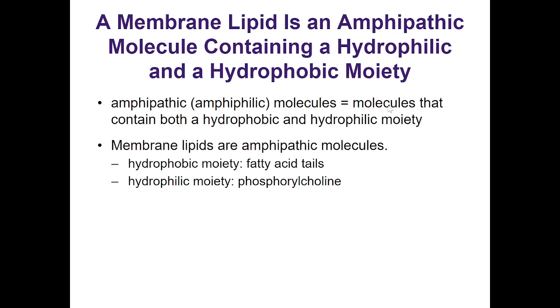So that stays together. So the hydrophobic moiety is the fatty acid tails. The hydrophilic moiety is the phosphorylcholine. You'll notice, by the way, a lot of these used in cell membranes actually have groups on the hydrophilic end that would make them more hydrophilic than a normal fatty acid.